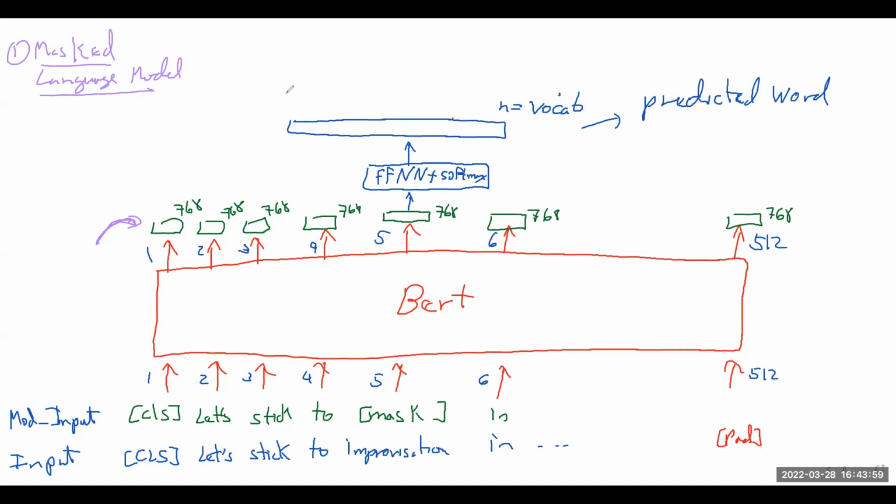It predicts the word with a softmax probability, and that's how we know if it did it correctly or not. So we can measure the performance of the transformer, given that we have the whole sentence: let's stick to improvisation in randomly.